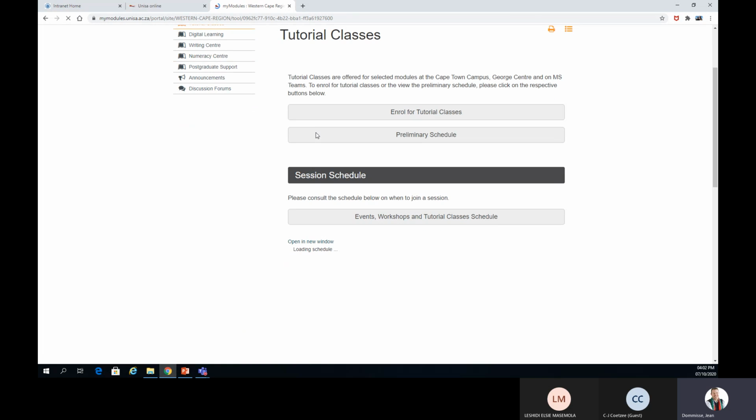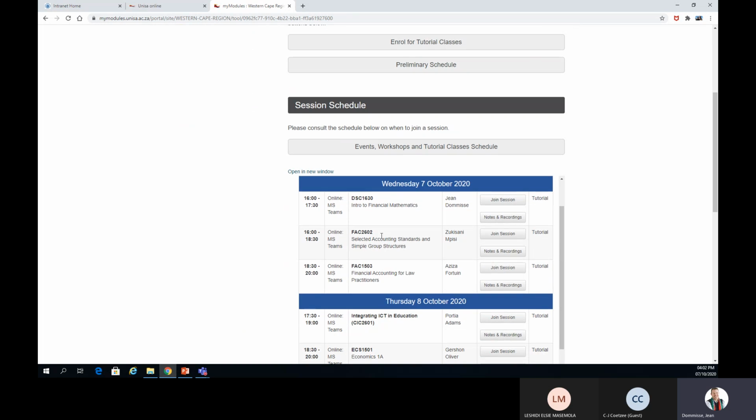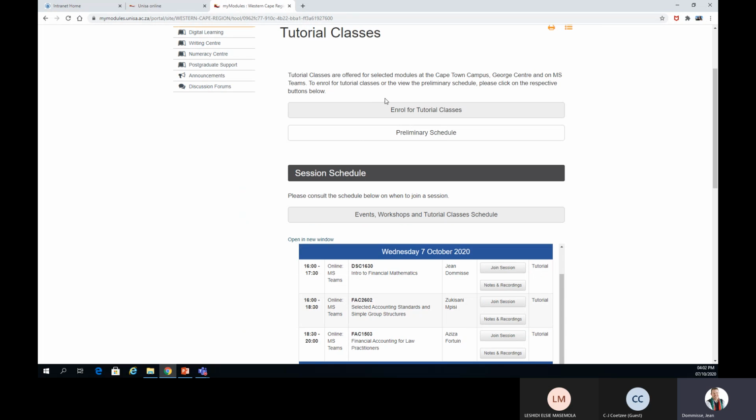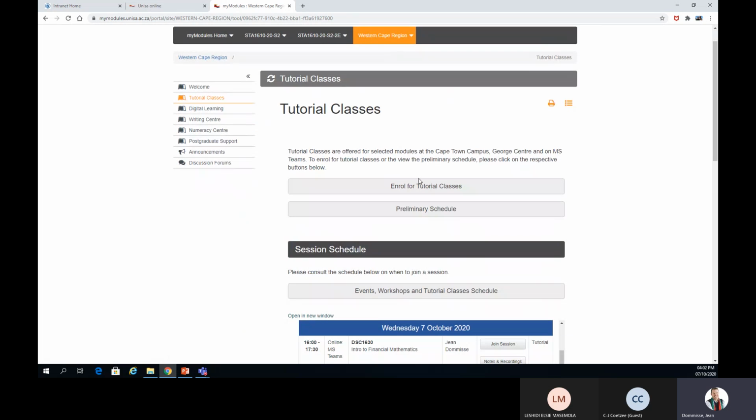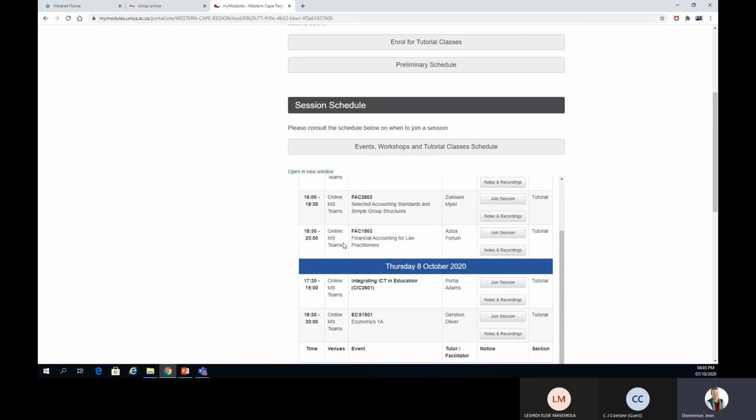This is normally where it shows our sessions as well. So via this Western Cape region portal, you can access the sessions and the notes.